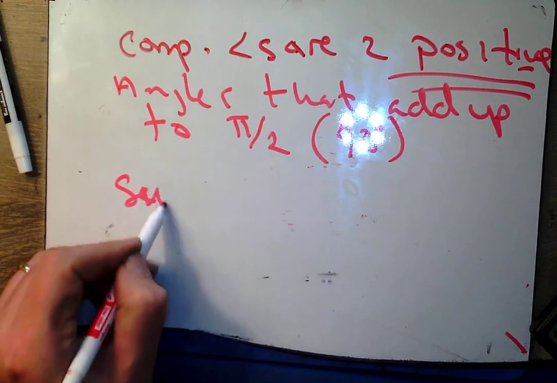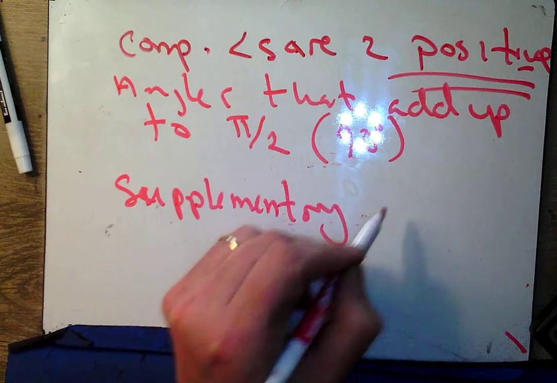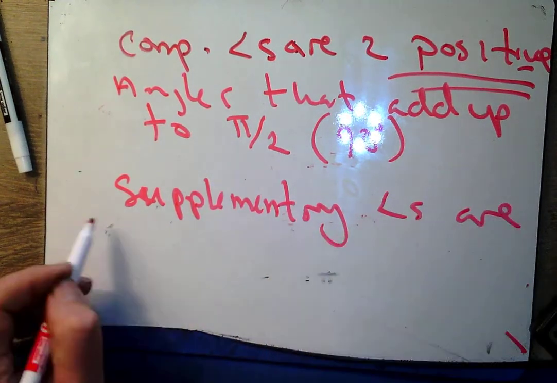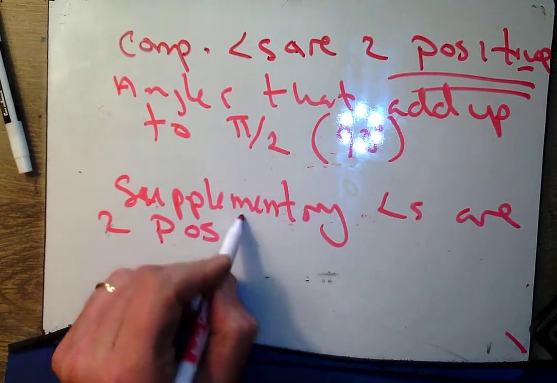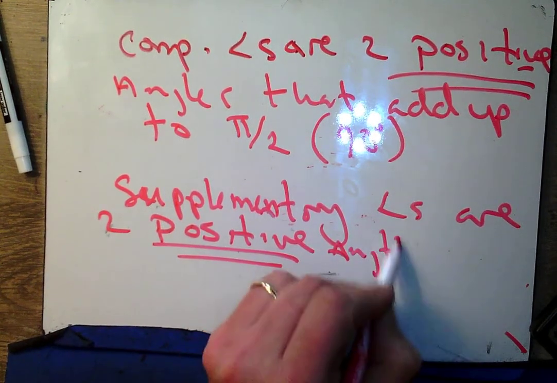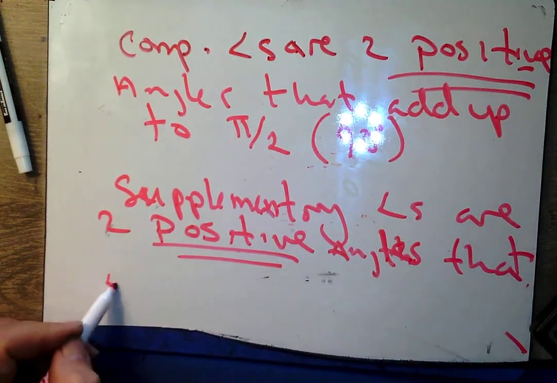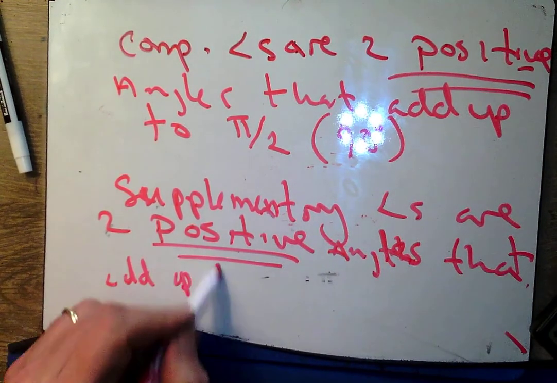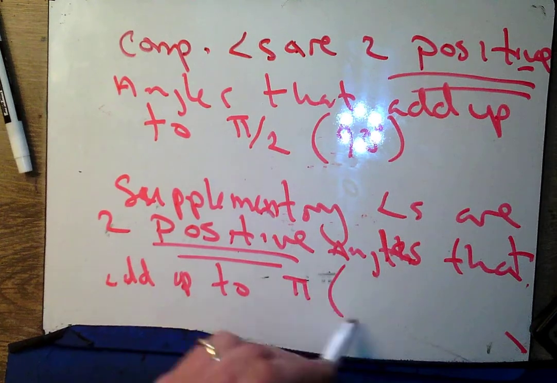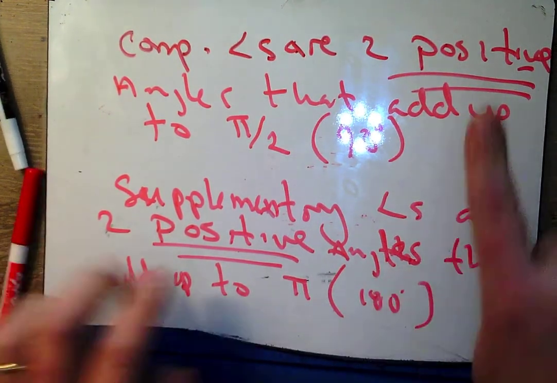And supplementary angles are 2 positive angles that add up to pi, or if you need, 180 degrees. Have to be positive angles.